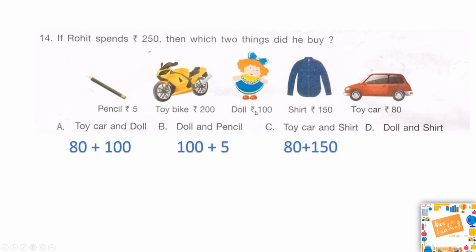And option D, that is doll and shirt, would be 100 plus 150. Now what we need to find is which of these options will give us the total of 250. So if you look carefully, it is option D, which gives us 100 plus 150 is equal to 250. Hence our correct answer is option D, doll and shirt.